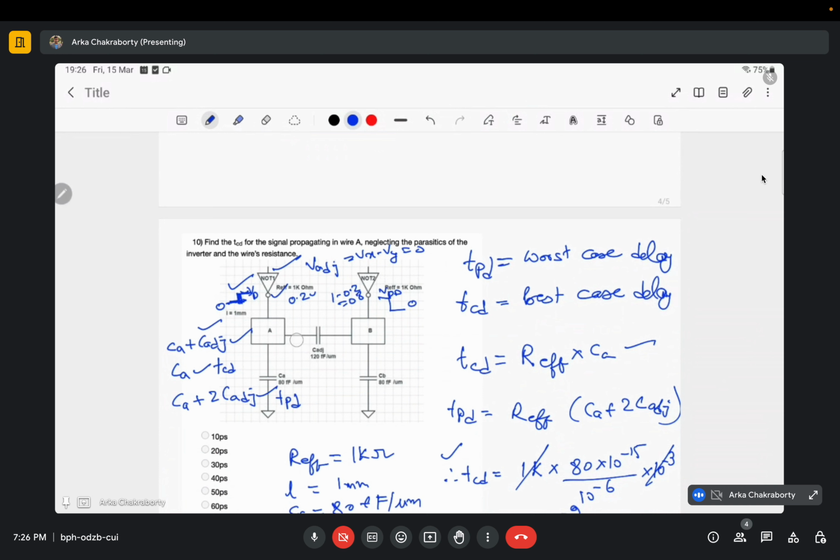Hope there is no confusion. As this aggressor circuit now has to do more work, and this is not aiding it but repelling it, it has to charge twice the amount of capacitance. So the C adjacent is replaced by 2 into C adjacent.